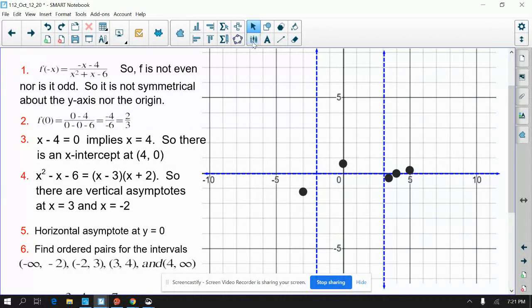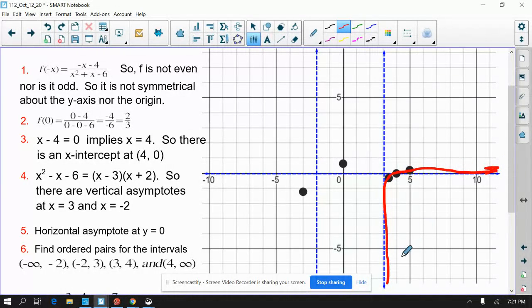It's going to be really difficult for me to draw that out. Something like that. The way it's drawn is not a function. It's failing the vertical line test right here, but you get the idea, I hope.